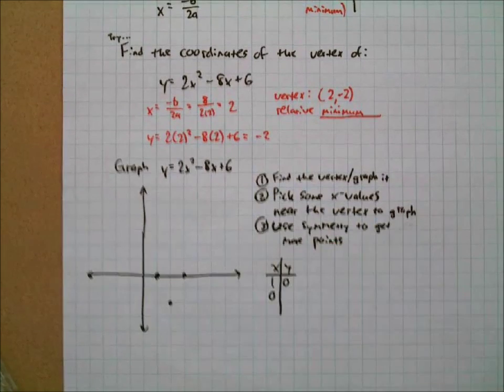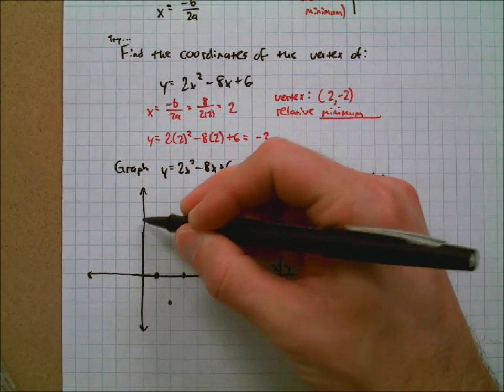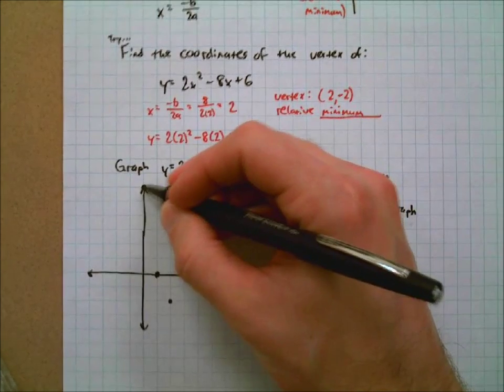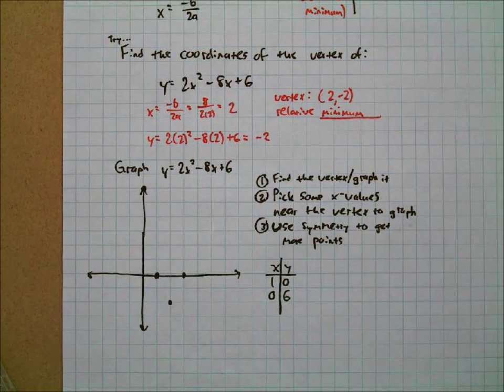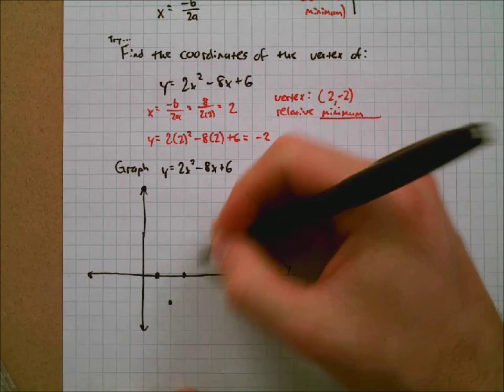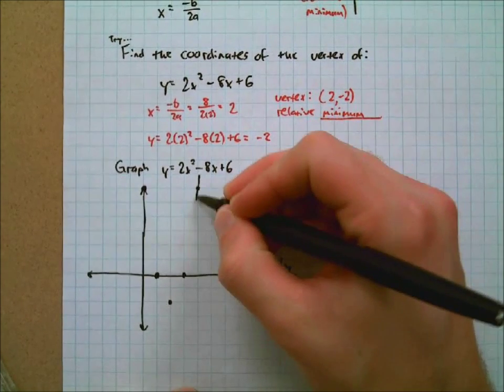Yep, 0 gives us 6. So 0, 1, 2, 3, 4, 5, all the way up here at 6. If we have a point at 0, 6, we'll also have a point at what? 4, 6. Okay. And then we can just connect the dots here.